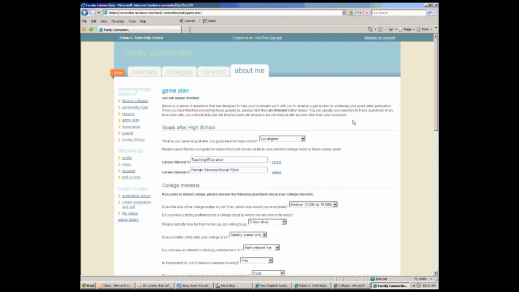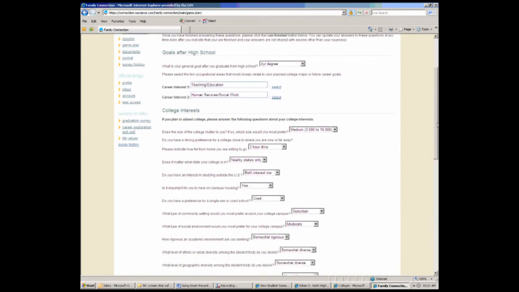There's also a game plan that students can complete, with prompts that students respond to with drop-down menus.